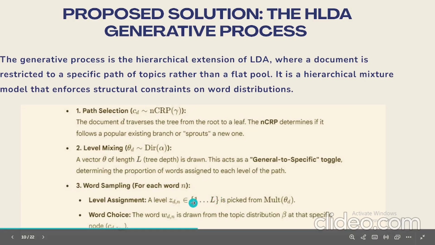This path constraint is vital. It forces the model to find a single consistent thematic genealogy for each document.